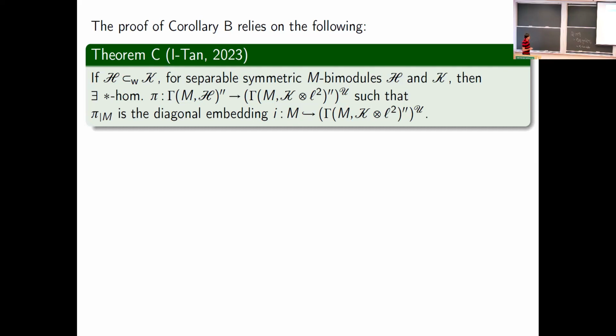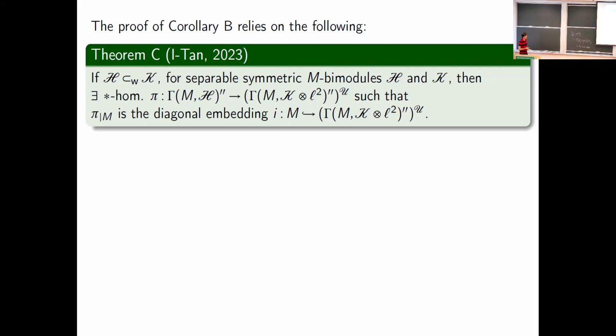There is a star homomorphism pi from the von Neumann algebra associated with the first bimodule to the ultrapower of the von Neumann algebra associated with K tensor little l2, the infinite amplification of K, which has the property that the restriction of pi to M is the diagonal embedding of M into the ultrapower.